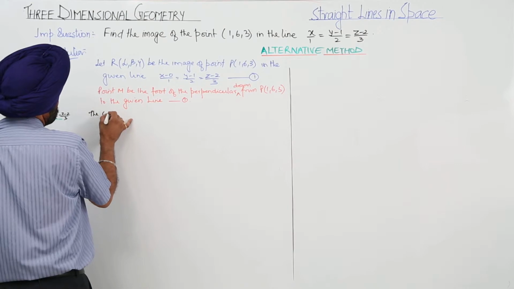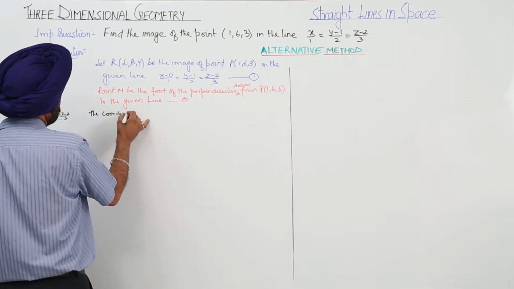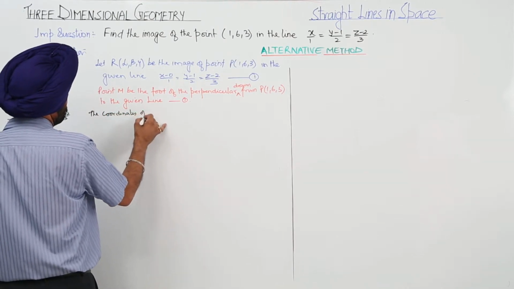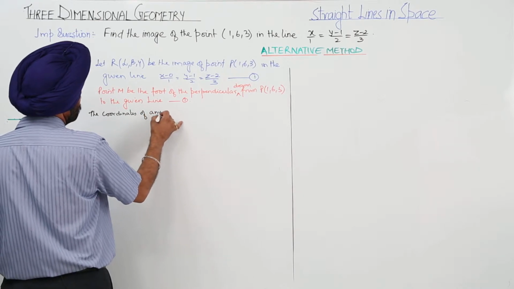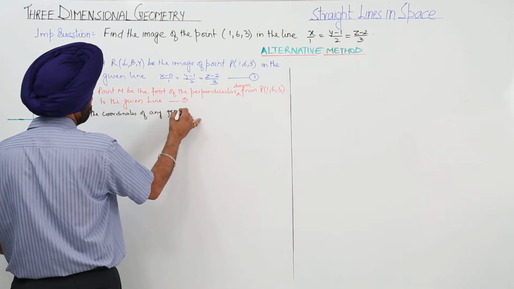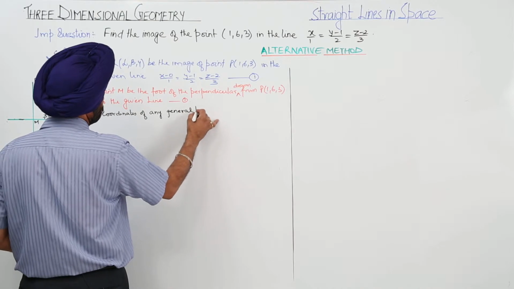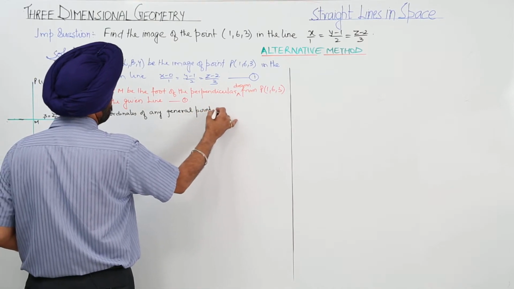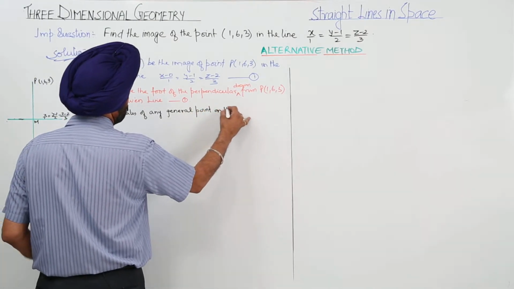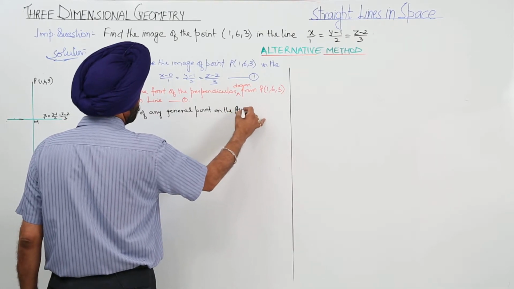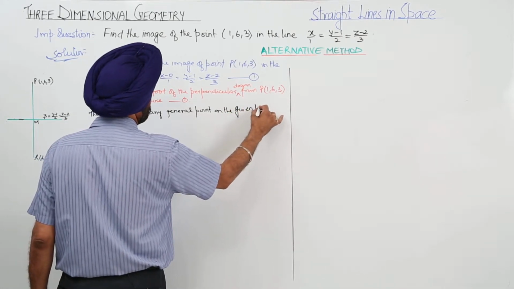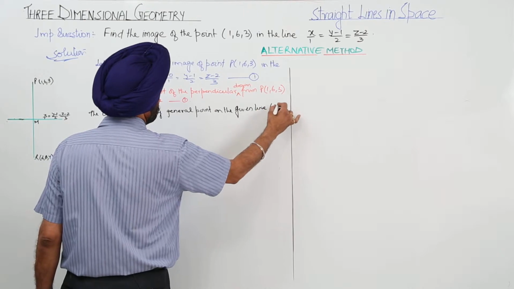Now the coordinates of any general point on the given line, that is 1.